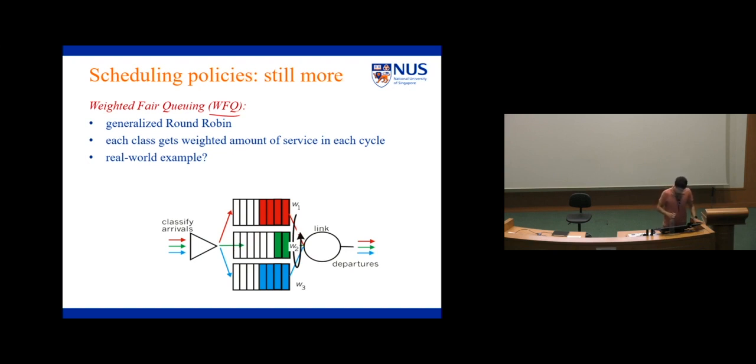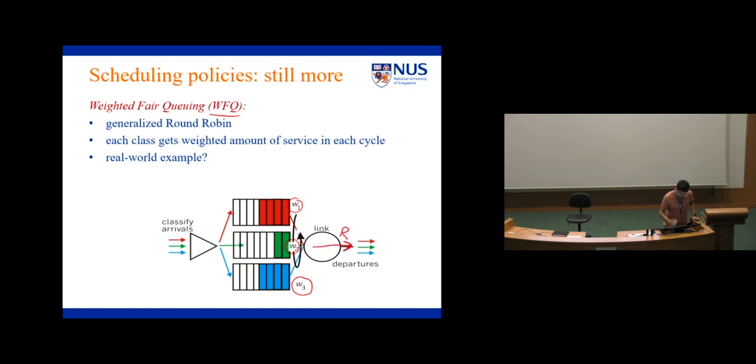So let's say we have three types of applications here, three classes of applications here, and I'm assigning each of them a weight, W1, W2, and W3. And obviously, this link is limited.